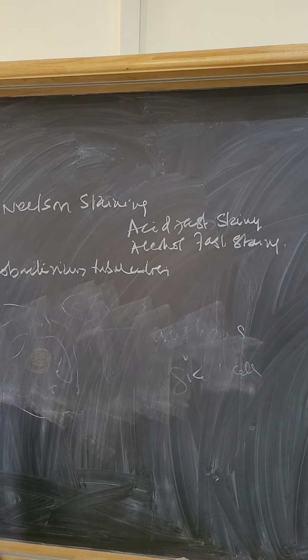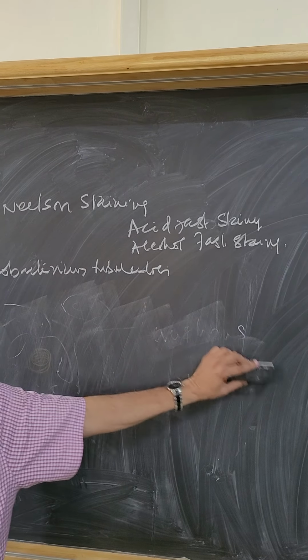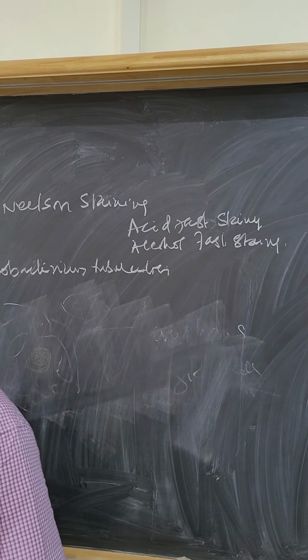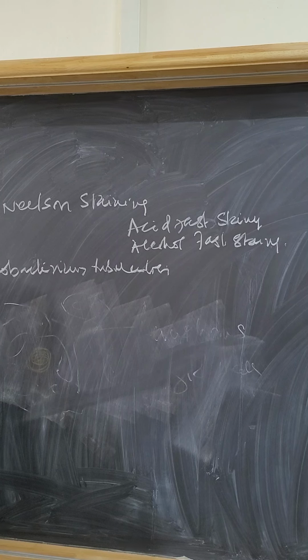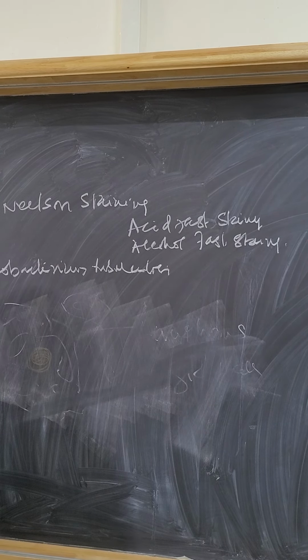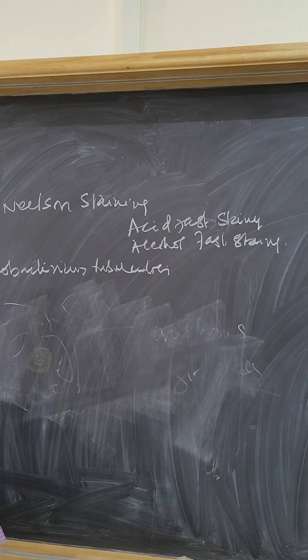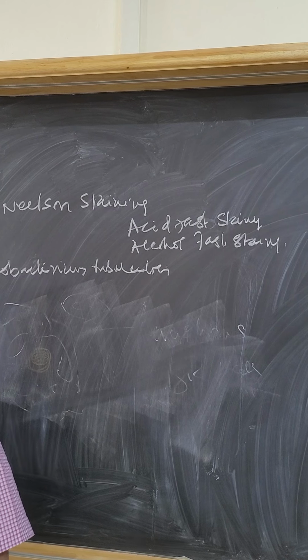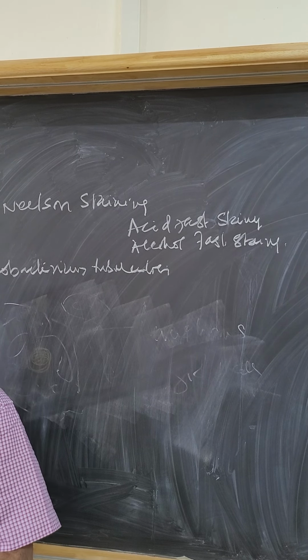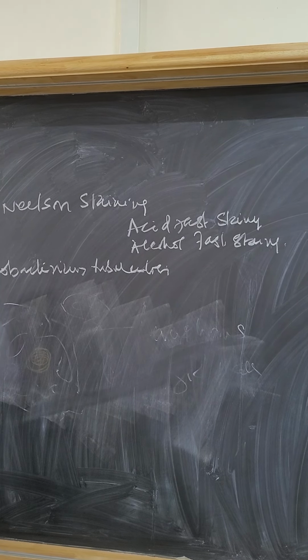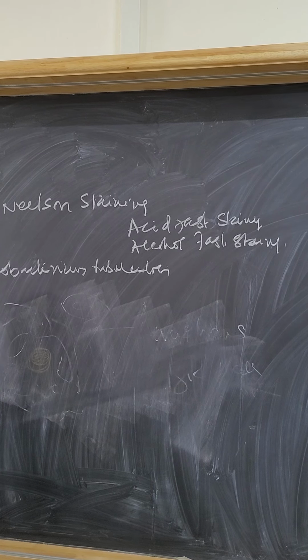Tubercle consists of a central area of caseation necrosis surrounded by monocytes and macrophages. There is a special giant cell called Langhans giant cell.